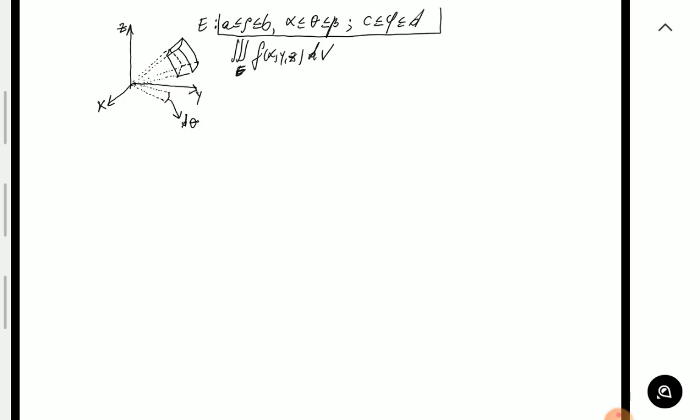So again, the partition is going to create, let's write it in words here, a partition will create non-overlapping wedges that will actually split the domain.